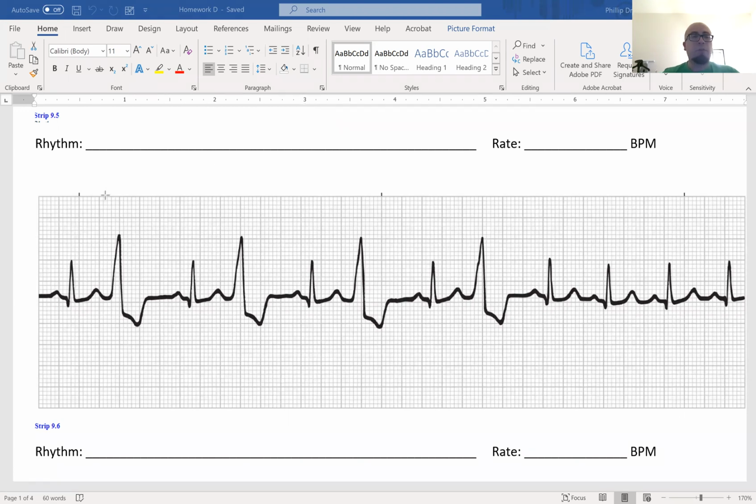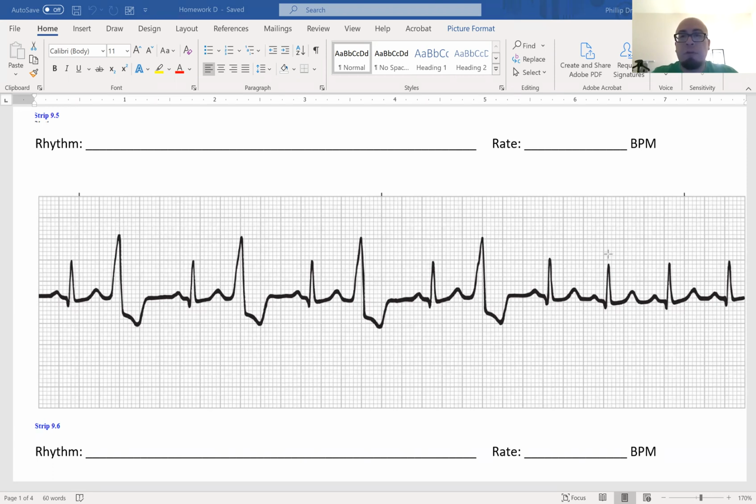All right, next one here. We'll check for regularity, but remember when we're checking for regularity, we can't check between a normal beat and an abnormal beat. And we can see that we have an abnormal beat here: beat number 2, beat number 4, number 6, and number 8. But where we can check for regularity is the back end.